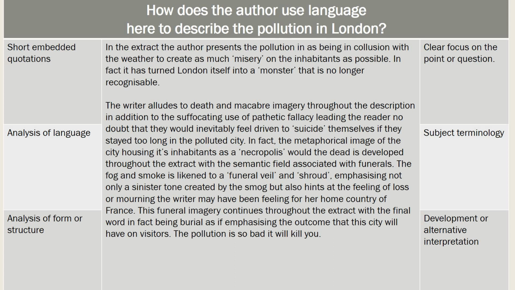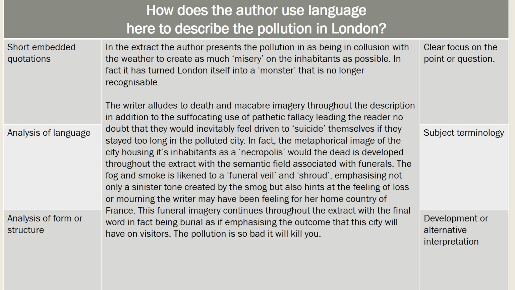So there is my answer in the middle, which I'll read you in a moment, but you will see around the outside is the sort of things you should include in an example answer. You should have short embedded quotations. If you're aiming for 10 marks, which we are, this is a 10-mark question usually, you want around 6 or 7 short quotations.